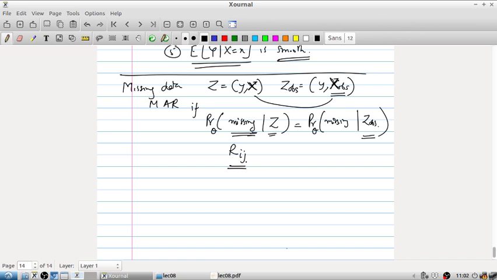Then that has nothing to do with the values of those locations themselves. Then that is this case, missing at random. But if you look at the values, and say this value is too high, this value is too low, therefore I'm deleting it, that would be not missing at random. That would be a bad case. That would basically be biased data, and biased data can lead to incorrect conclusions potentially.